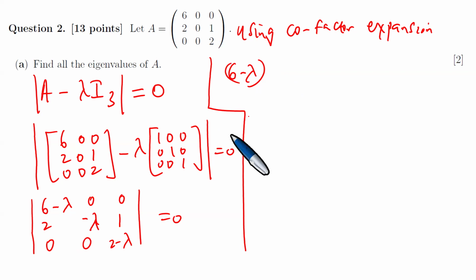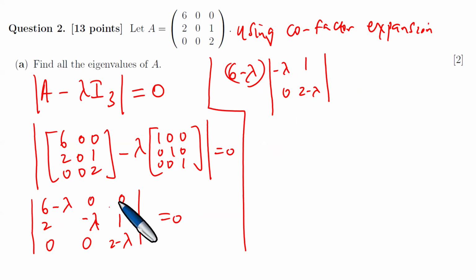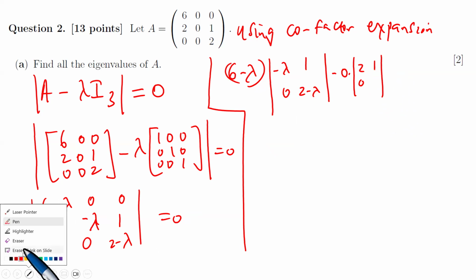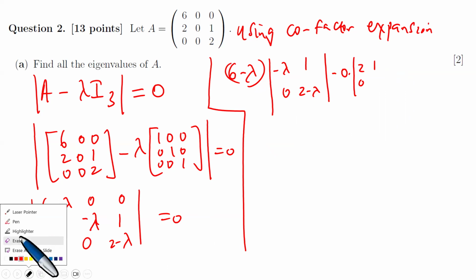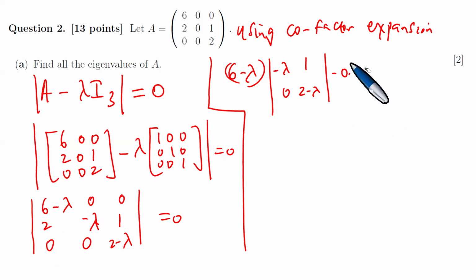If you expand along the first row, it's going to be 6 minus lambda, then we block this row and column, and we're left with minus lambda, 1, 0, 2 minus lambda. And then obviously we can have minus 0. We're just going to have zeros, so we can even leave that out, but let's just write 0.